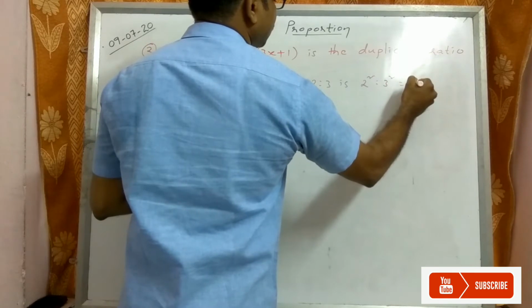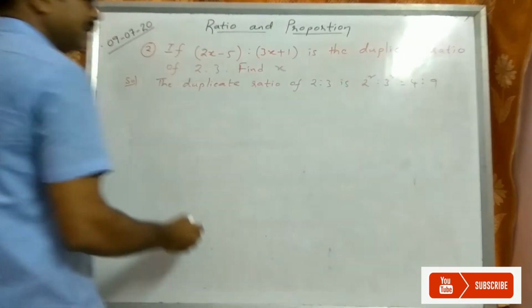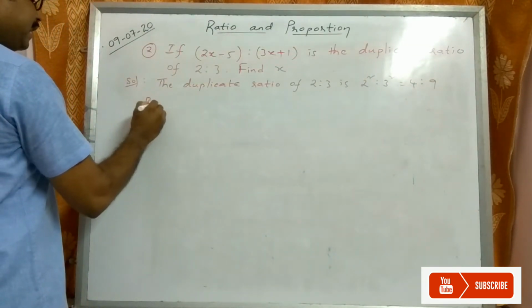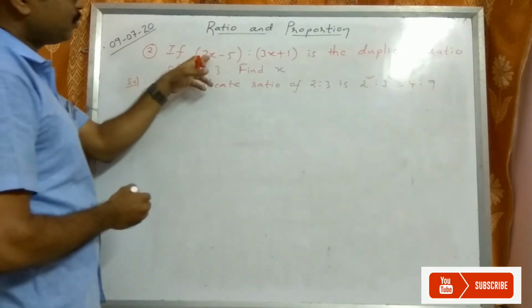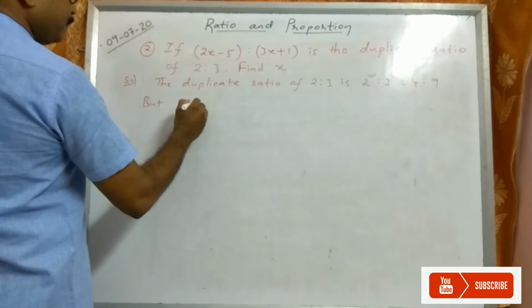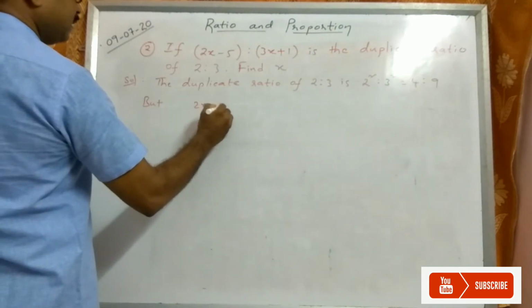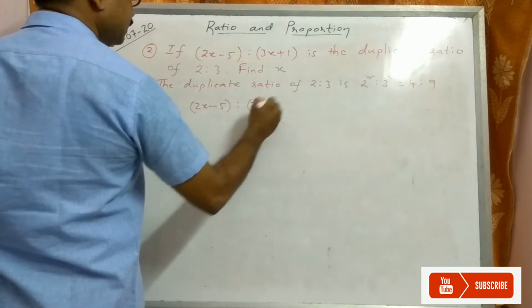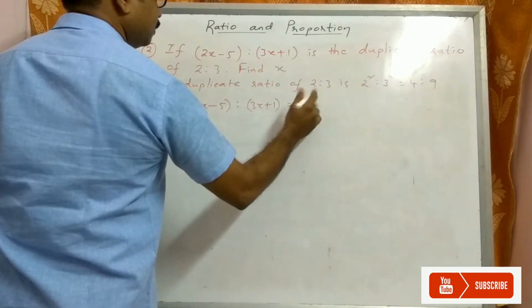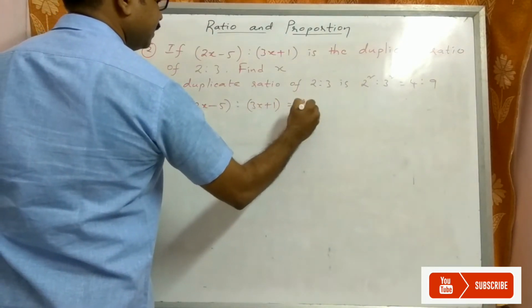That means 4 is to 9. But as per the data, they gave 2x minus 5 is to 3x plus 1. So 2x minus 5 is to 3x plus 1 equal to 4 is to 9.